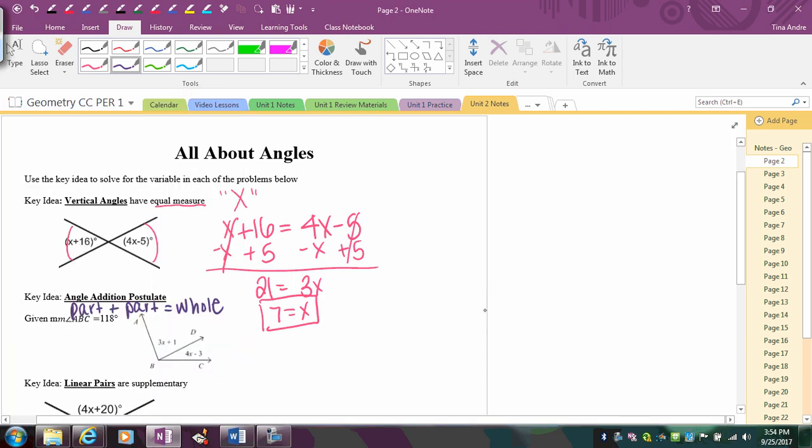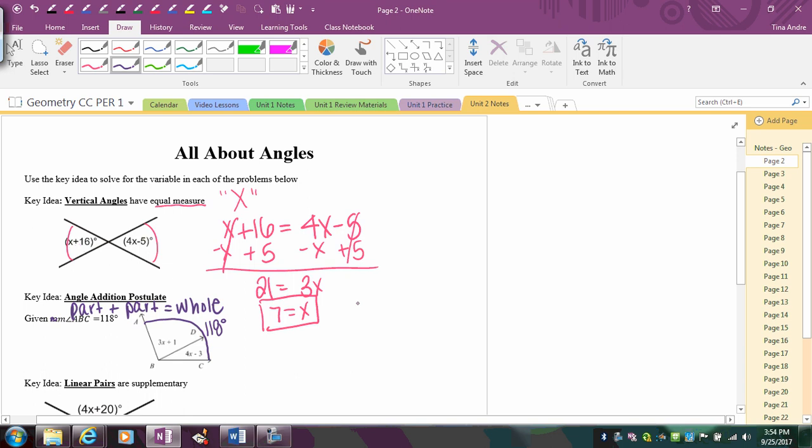So this here says given, so this should just say the measure angle ABC is 118. So ABC is this entire angle, that's 118. The relationship to be able to solve for x is going to be that this part plus this part is going to equal the entire angle.